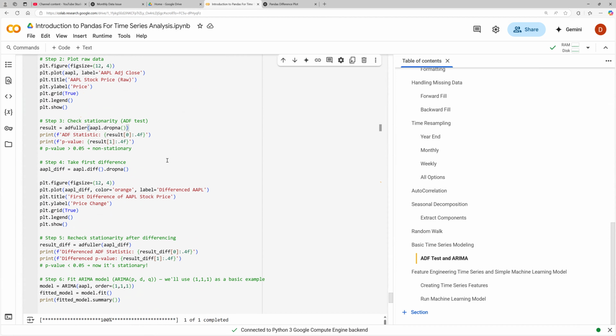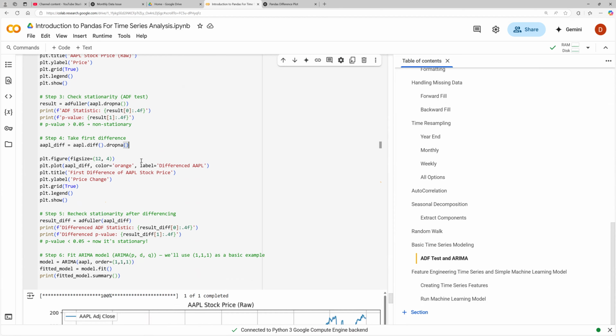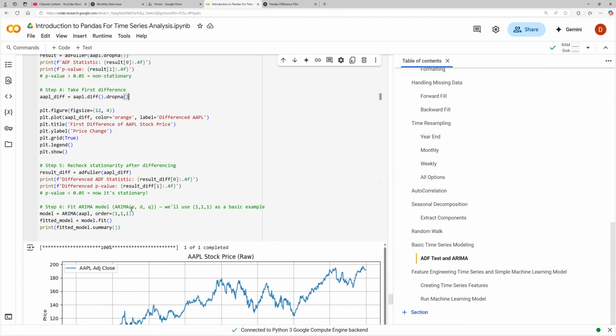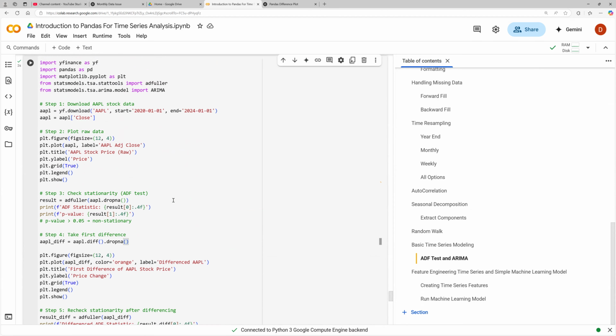Then we take the first difference, we recheck the stationarity after the differencing, and then finally we fit an ARIMA of 1, 1, 1, a basic model, right? Using statsmodels here. And statsmodels also has the augmented Dickey-Fuller.